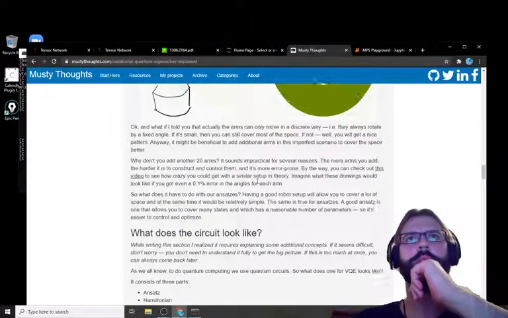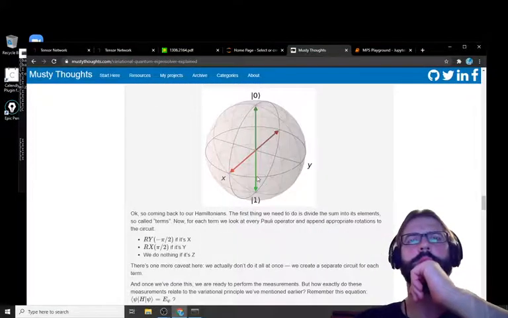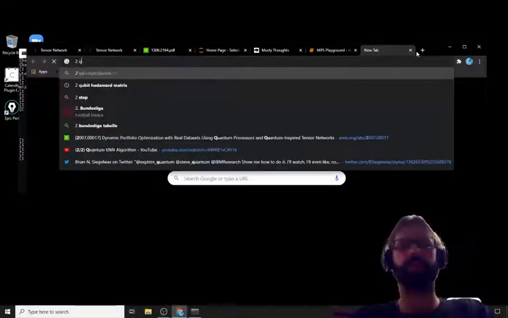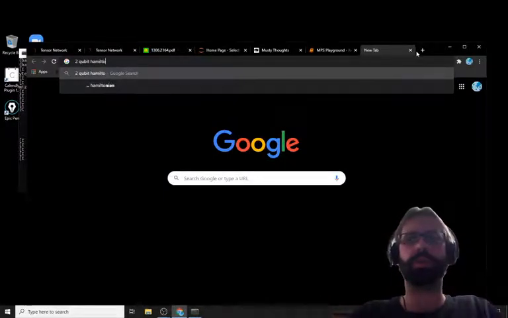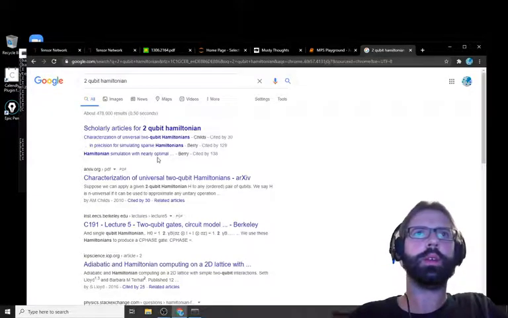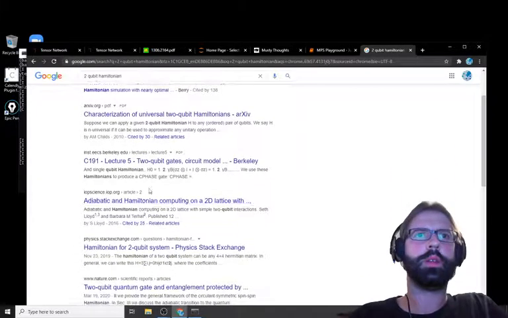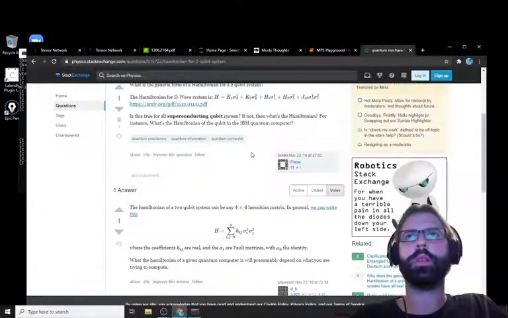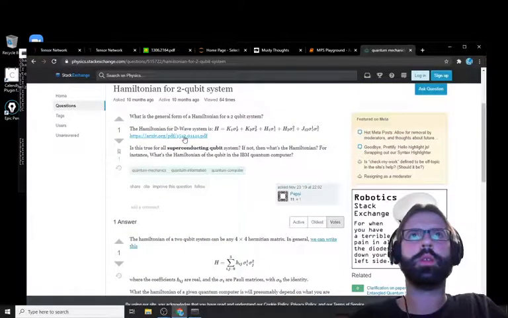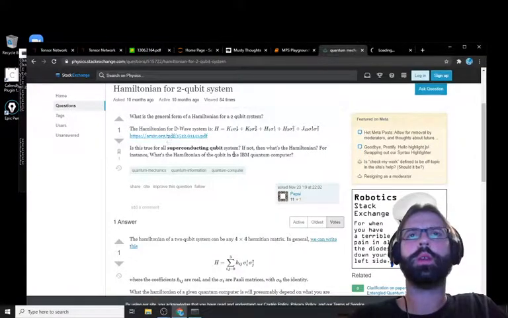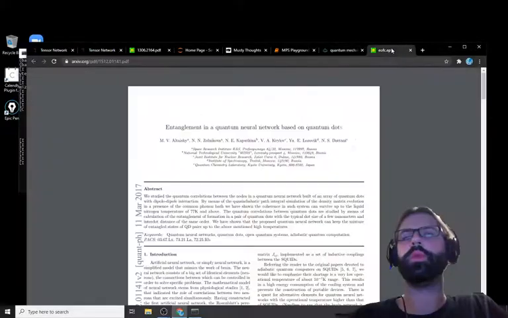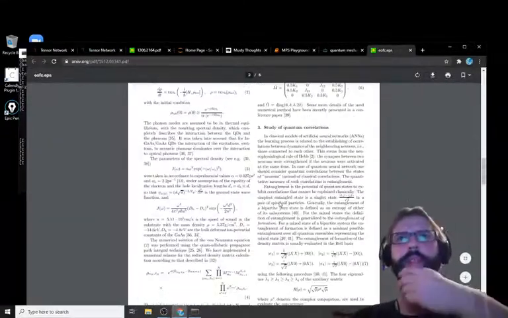I just want to make sure that I don't do a qubit Hamiltonian where I get something wrong in here, or a matrix where this wouldn't make any sense.